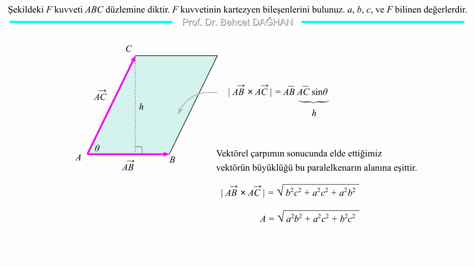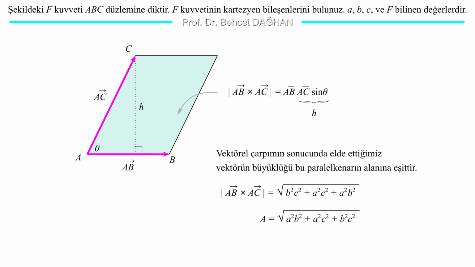Now let's look at what we get as a result of a cross product. The magnitude of the vector we obtain as a result of the cross product is equal to the area of the parallelogram in the figure. It can be found as the magnitude of the first multiplied by the magnitude of the second multiplied by the sine of the angle between them.